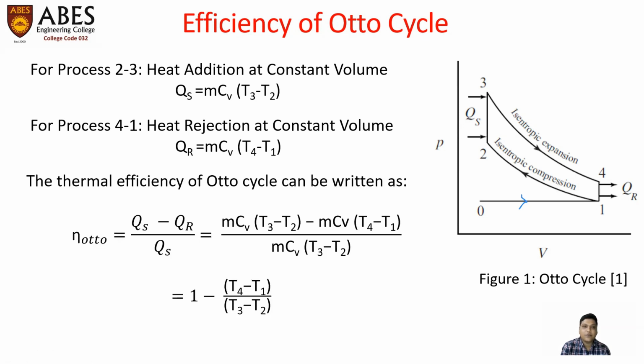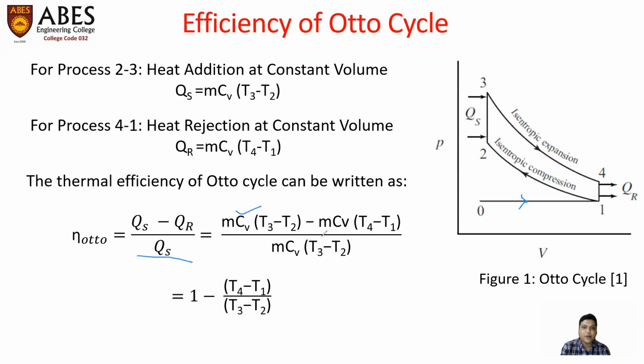Now, the thermal efficiency of the Otto cycle is mathematically equal to work done divided by heat supplied. The net work done is equal to the amount of heat added minus the amount of heat rejected, divided by heat supplied, represented by this expression. As we know, the heat added, that is QS, is mCv(T3 minus T2).